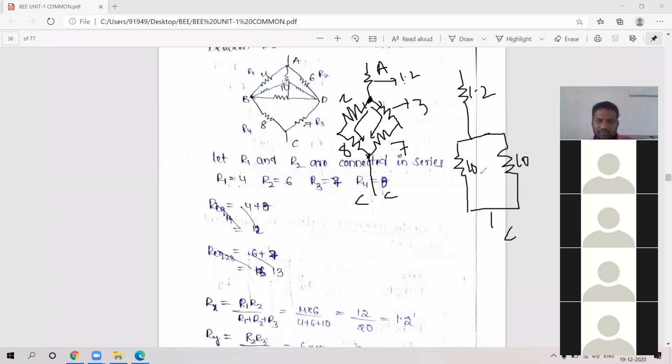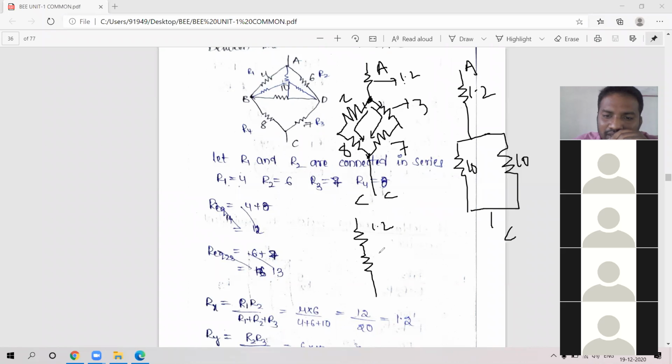Don't say 20. It is a parallel connection, not series. This 10 and 10 are connected in parallel. So the next circuit will be like this. These 2 resistors will become 1 resistor, and this is 1.2.